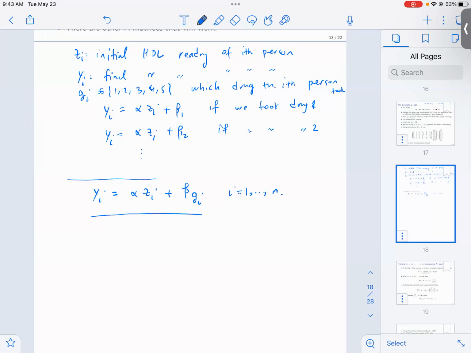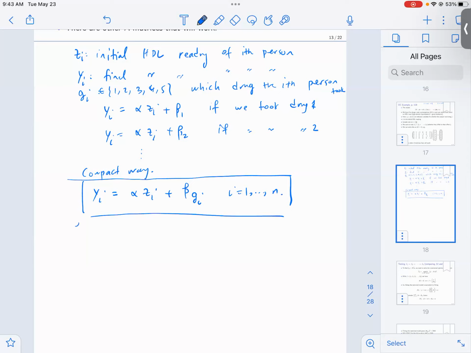So this is one compact way of writing the model. It tells you exactly what is going on. My final cholesterol level depends on the initial cholesterol level by a factor of alpha, and then plus the beta. But which beta is determined by the group that I was assigned.